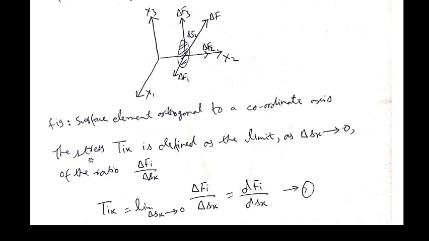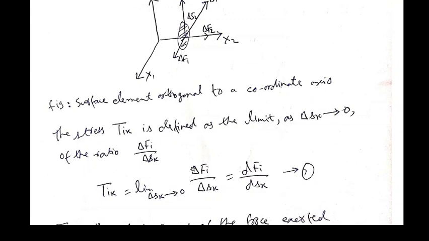So we can write the stress Tik as the limit, with delta Sk approaching 0, of this ratio, like we have discussed in our previous lecture. Tik will be equal to delta Fi over delta Sk with limit delta Sk approaches 0.